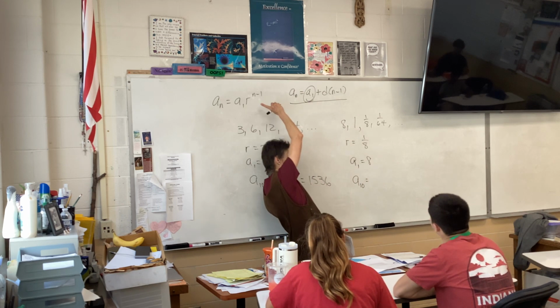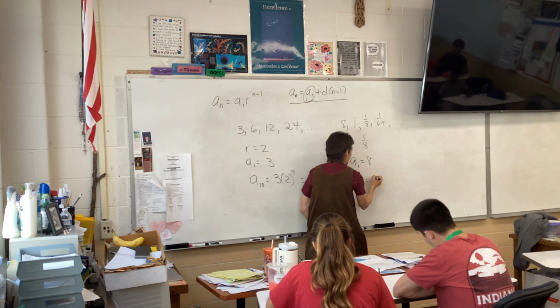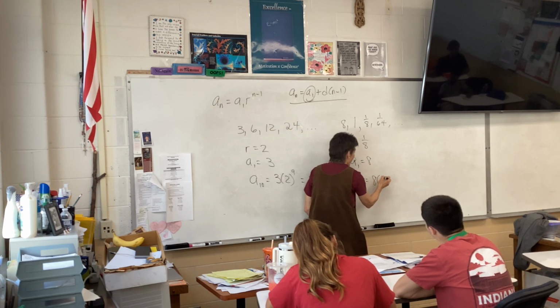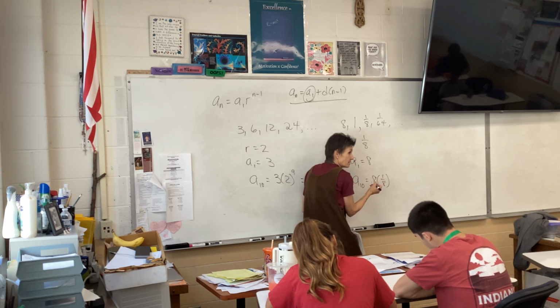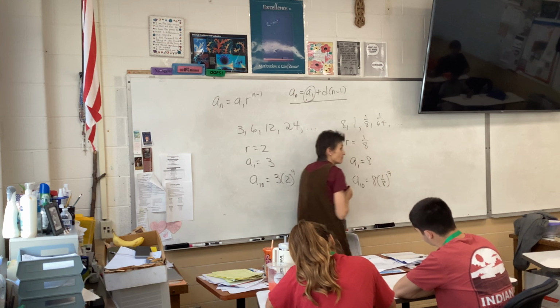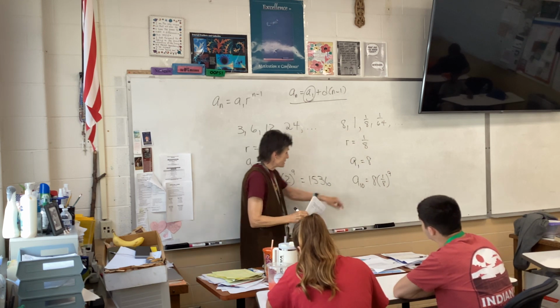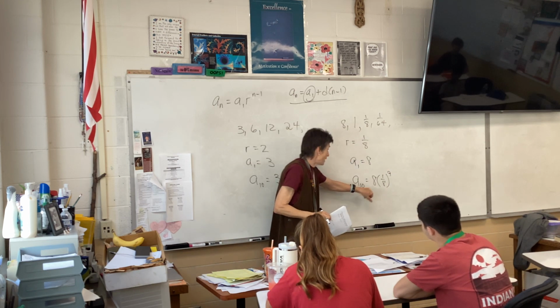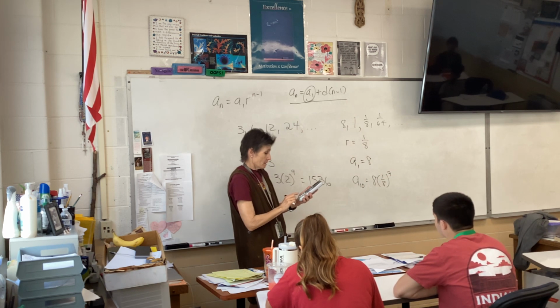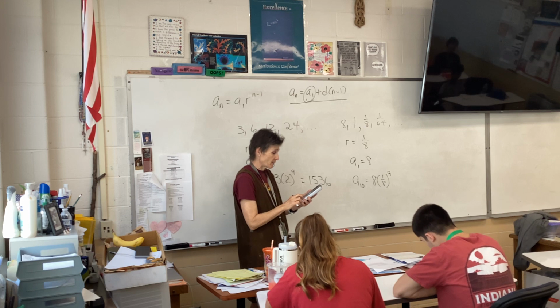So what does our formula say? 8 times 1/8 to the 9th. This is n. That is n minus 1. These sometimes go to scientific notation.